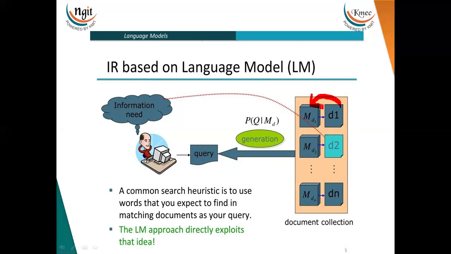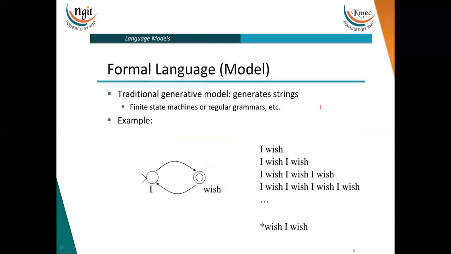What the language model does is use a finite state machine or a regular grammar for representing your document. Listen, what are the different possibilities of using the terms "I wish" in your document? I can start with "I" and end with "wish".